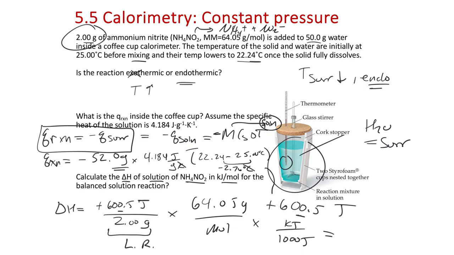So if I just divide by 1,000, and then times 64.05, and then let's not forget the 2 here this time, divide by 2 grams. So I did the math really silly out loud, but 600.5 divided by 2 times 64.05, then divided by 1,000, and I get plus 19.2 kJ per mole.